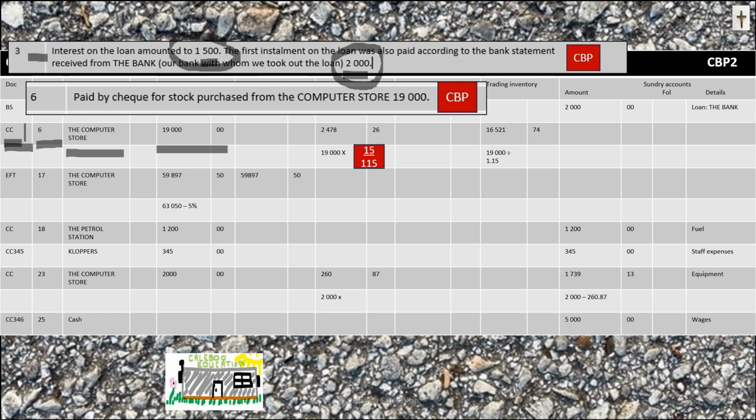Now we are going to use the stock. Obviously we're selling the stock that we've purchased, so it's a standard rated item, which means we can claim input VAT on the stock that we purchased. And the calculation, remember all the numbers include VAT unless otherwise stated. So the stock we purchased was 19,000, and that included VAT. If I want to calculate the input VAT which we can claim, remember I have a whole lot of VAT videos.